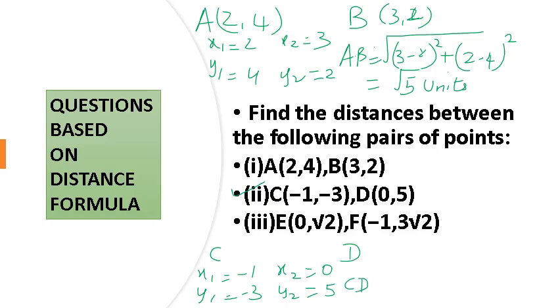CD is nothing but under root 0 minus of minus 1 the whole square plus 5 plus 3 the whole square. Minus of minus is plus, that gives you the result as 8 square 64 plus 1 square 1, 65 units.